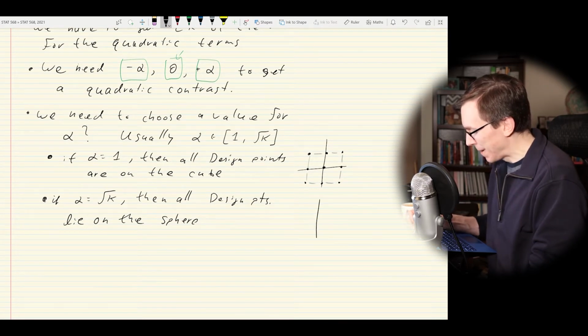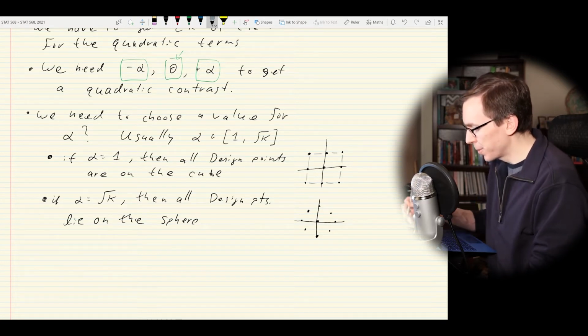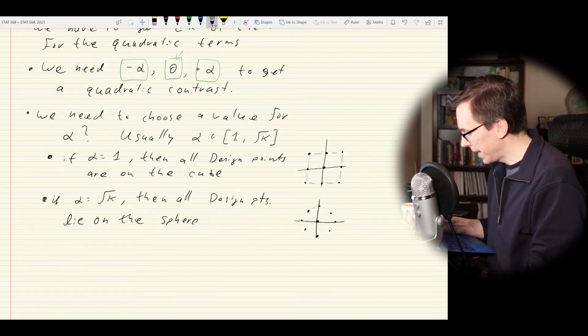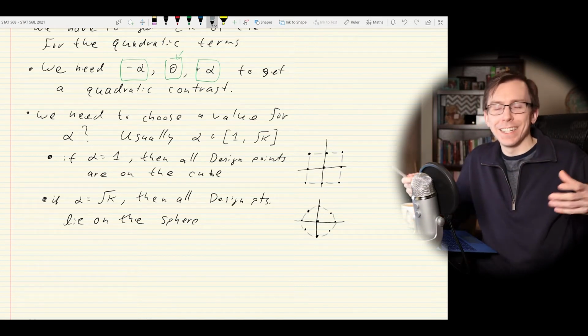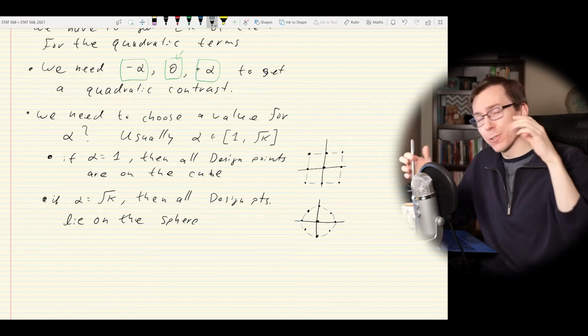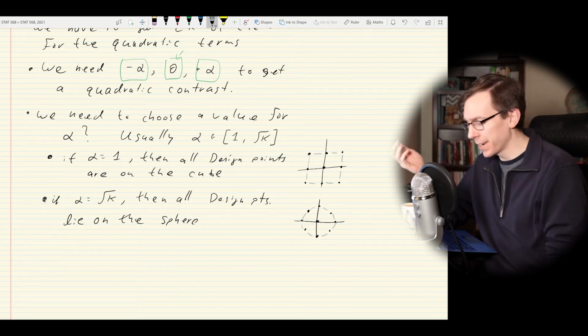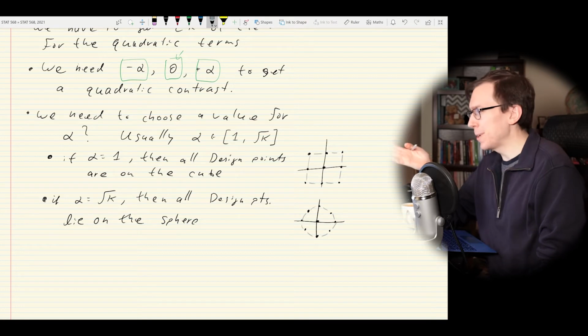If we draw that in 2 dimensions, which is easier for me, we would have something that would look like this, and then we would have points here, here, here, and here, a distance of root 2 from the center, and we can think of these as all lying on the same sphere, or the same circle in 2 dimensions. If we were in 10 dimensions, we'd have some 10-dimensional sphere, and all of our design points would lie on the surface of that sphere. And then any alpha in between is going to be, well, somewhere in between that.